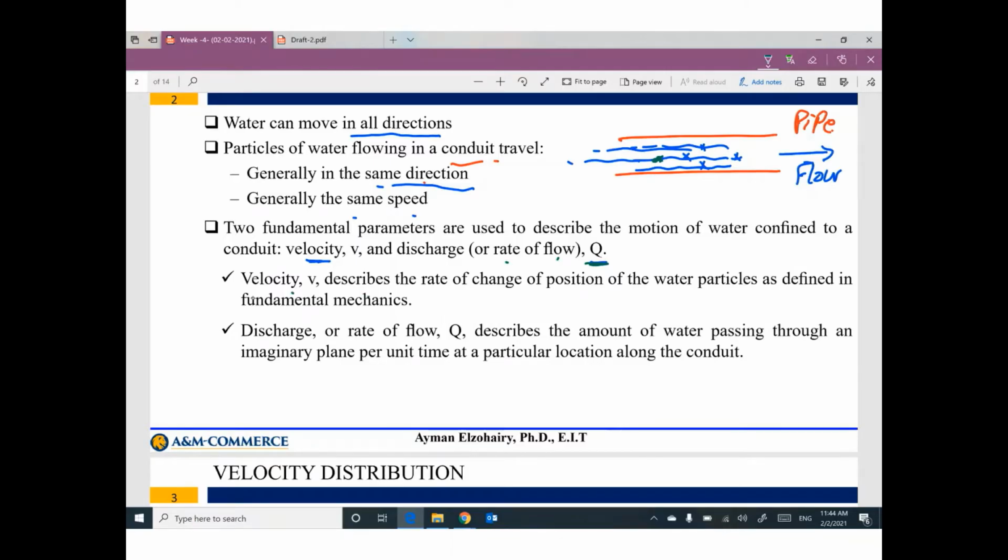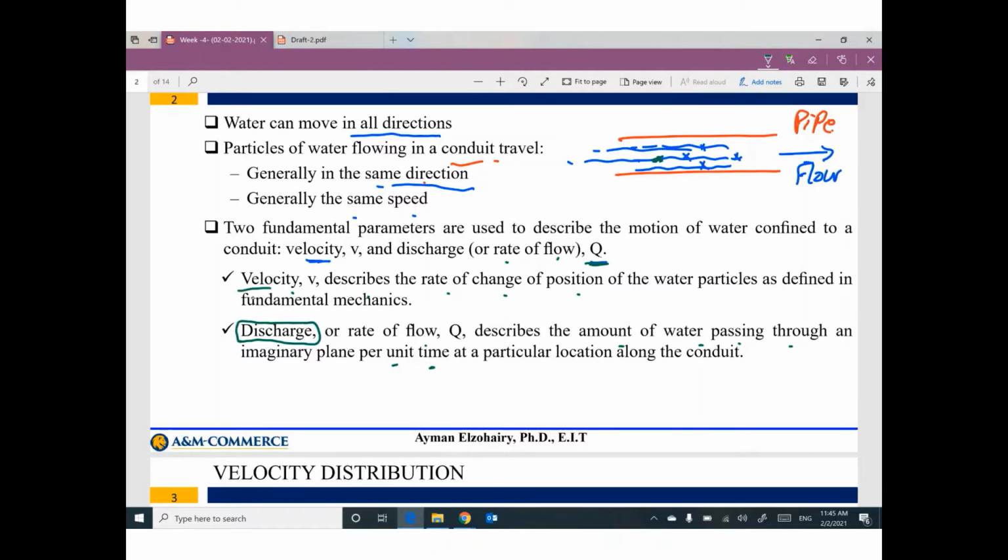Velocity describes the rate of change of position of the water, as defined in fundamental mechanics. Discharge or rate of flow, how much? The amount of water passing through an imaginary plane per unit time. This is the meaning of discharge.